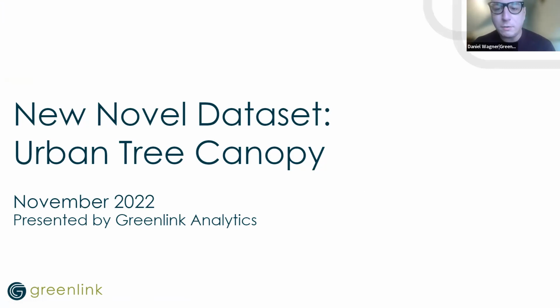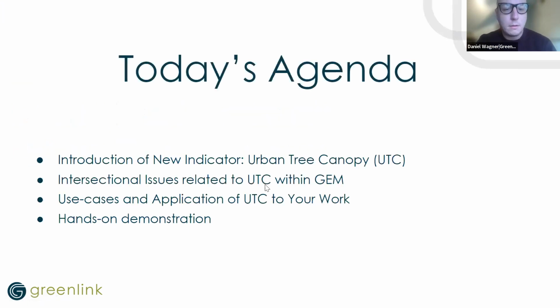So without further ado, we can start by looking at the agenda. Today we're going to be introducing the new indicator and showing how it works within GEM. We've got a couple of little use case things that we're going to look at.